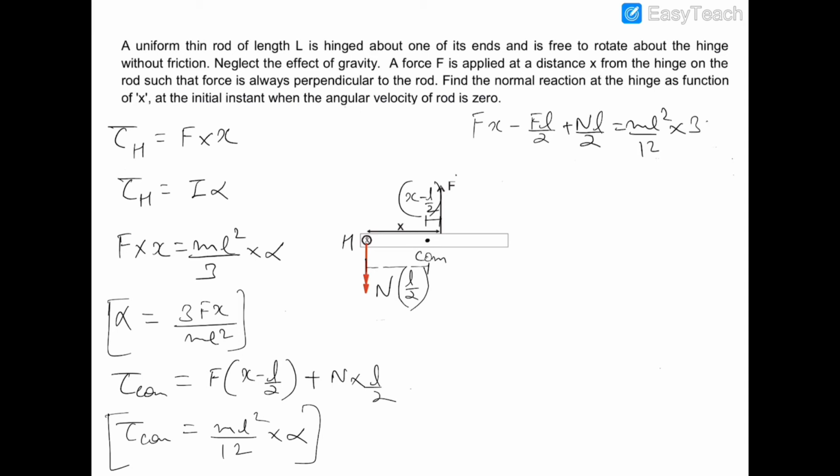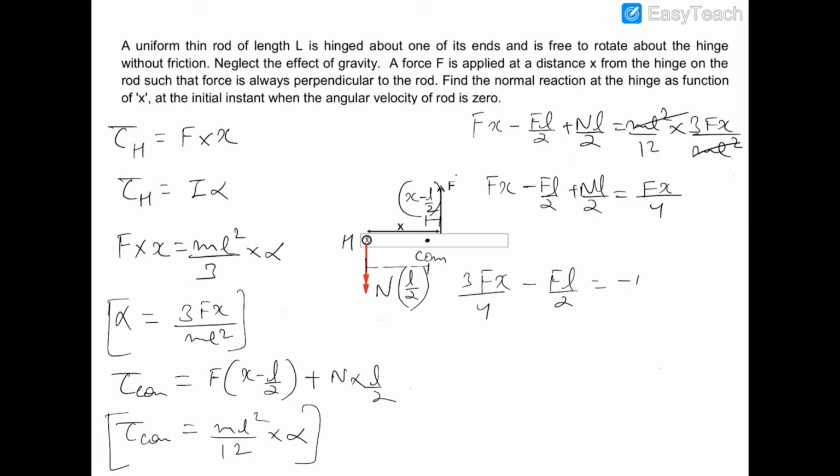and alpha is 3Fx by mL square. So cancelling this mL square with mL square, this is Fx minus FL by 2 plus NL by 2 is equal to Fx by 4. So you can see that this is 3Fx by 4 minus FL by 2 is equal to minus NL by 2.